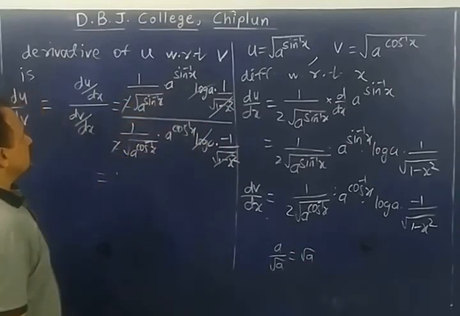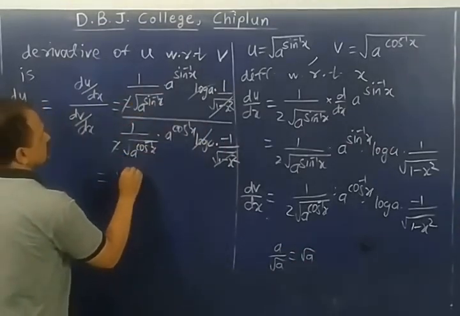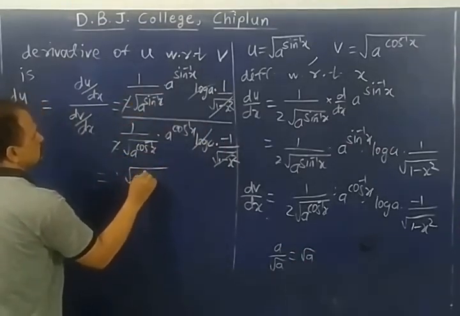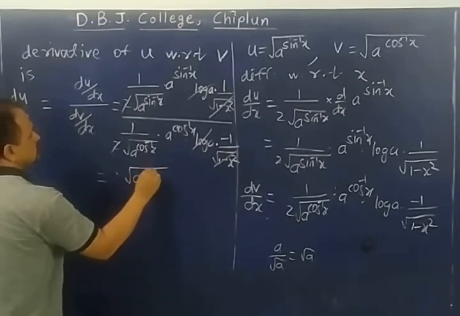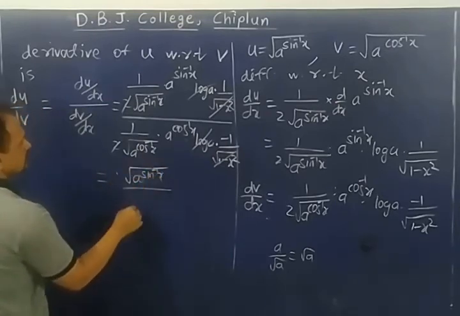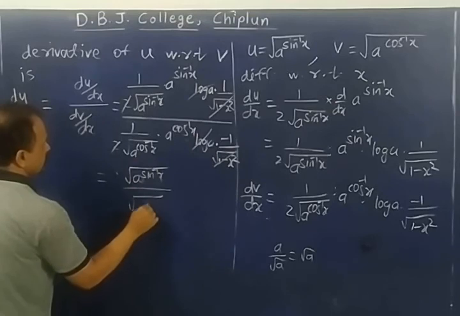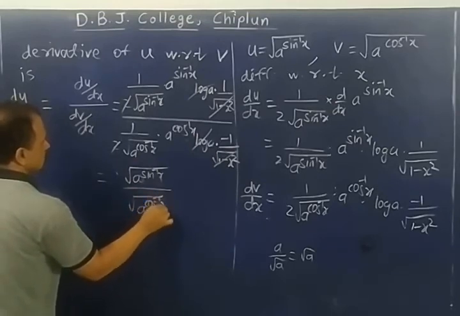I can think like this. So numerator is square root of a raised to sine inverse x. Denominator is square root of a raised to cos inverse x.